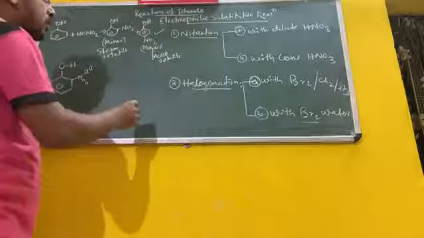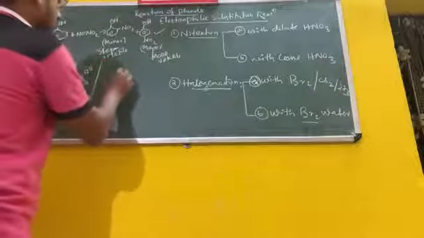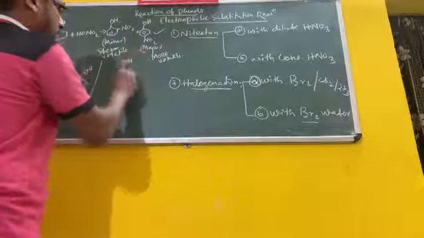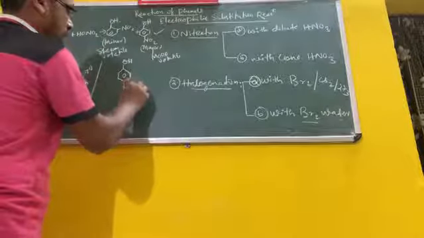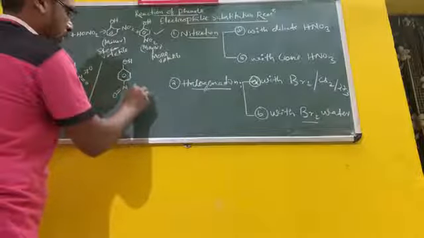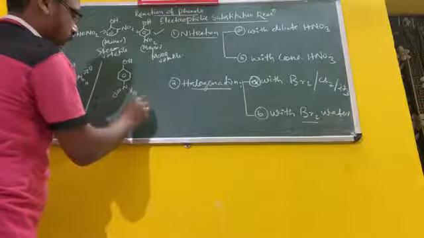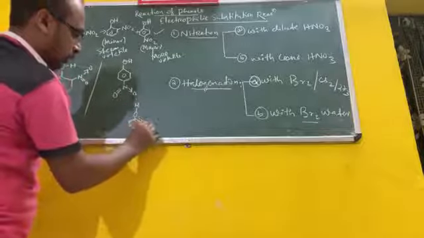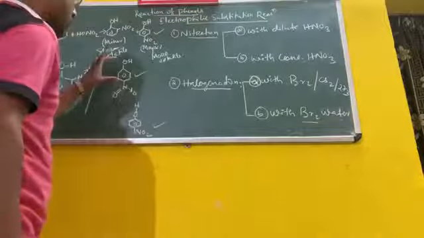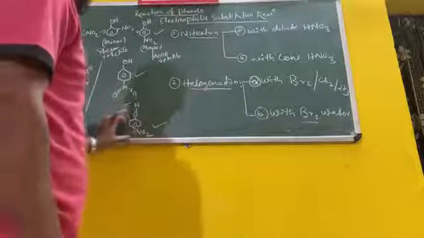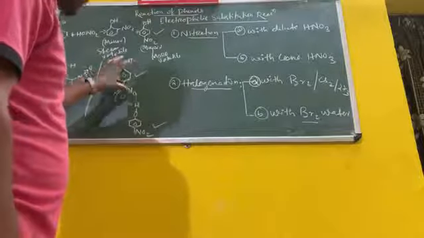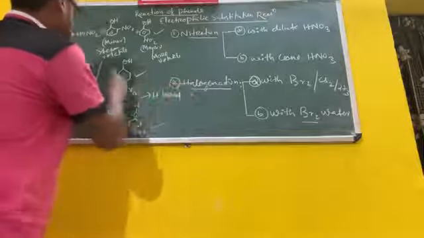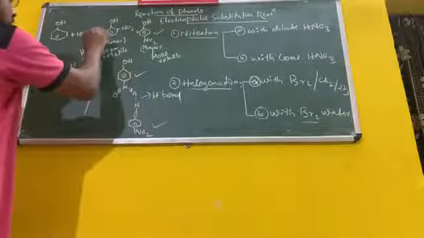Similarly for the major product: here is OH, N, O double bond, and the attractive force goes to the H of another phenol molecule. Both are para derivatives, but here, between separate molecules, there is hydrogen bonding.